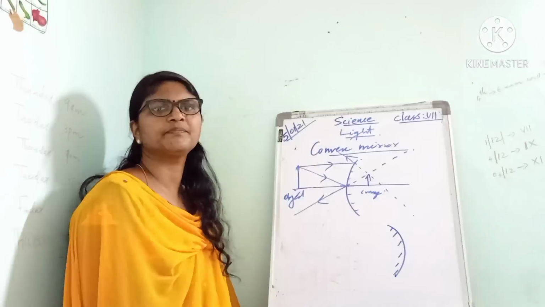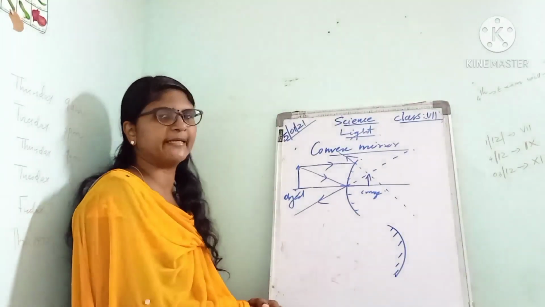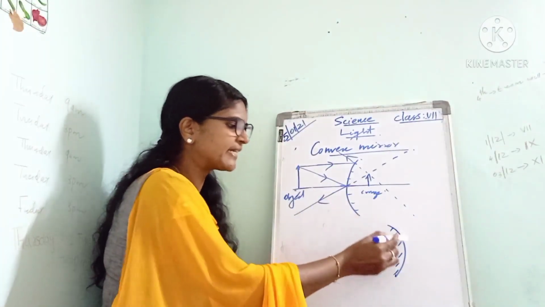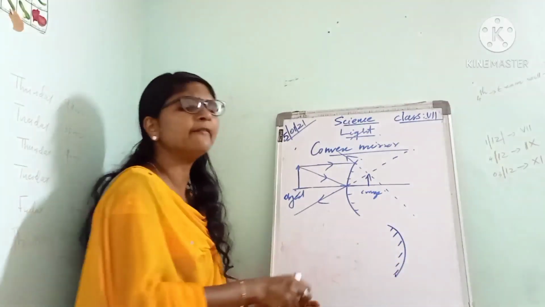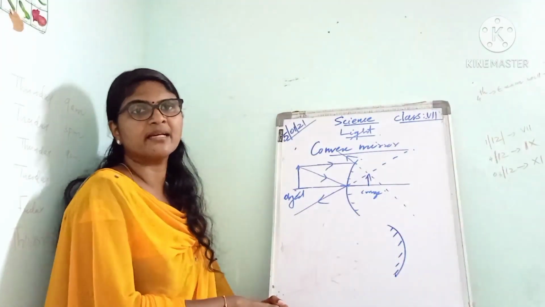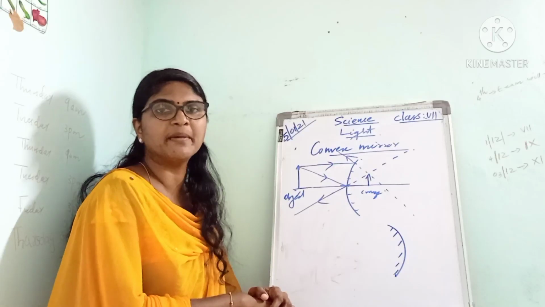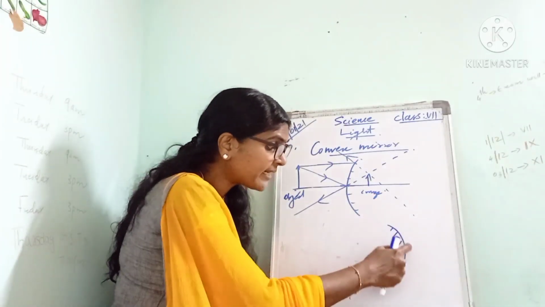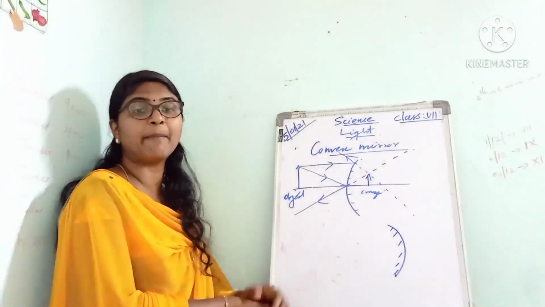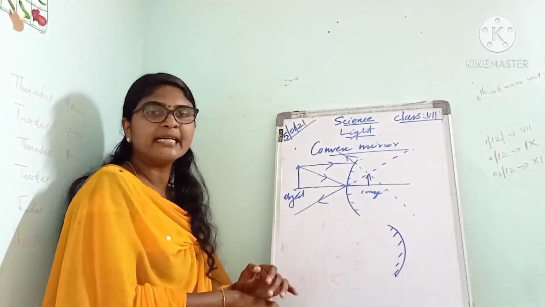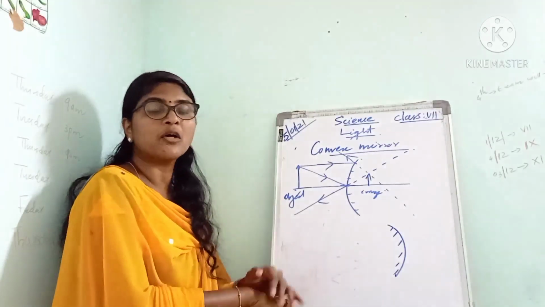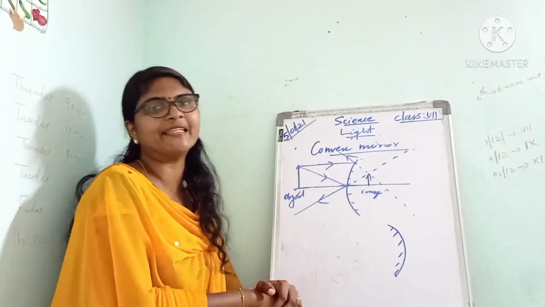Next, we can talk about convex mirror. A convex mirror is a spherical mirror whose outer curved surface is the reflecting surface. Convex mirrors form only virtual images.